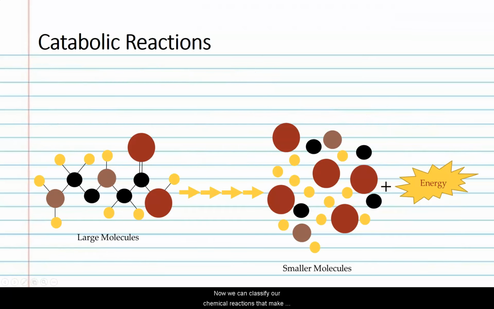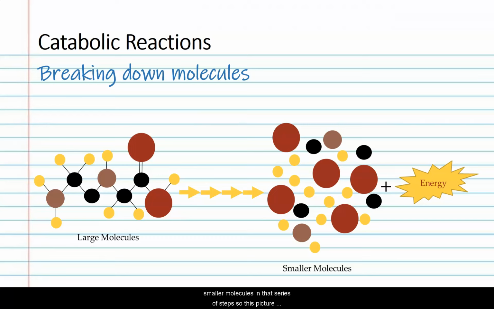Now we can classify our chemical reactions that make up metabolism into two broad categories. We have our catabolic reactions, and our catabolic reactions break down molecules. We go from a large molecule to simpler, smaller molecules in that series of steps. So in this picture you can see that there's 4 arrows in a row representing a pathway.